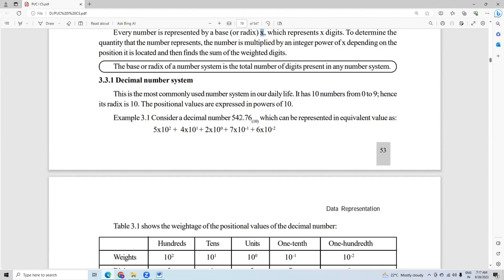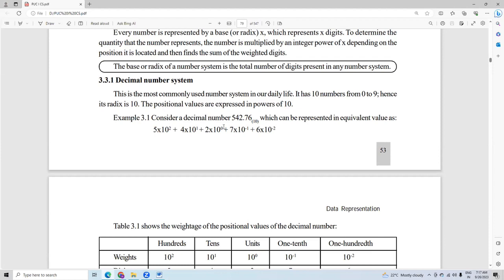In the integer part, 542 is there, and in the fraction part we have 76. In 542, 2 is the unit, 4 is the tens, and 5 is in the hundreds position. Hence, 2 into 10 raised to 0.